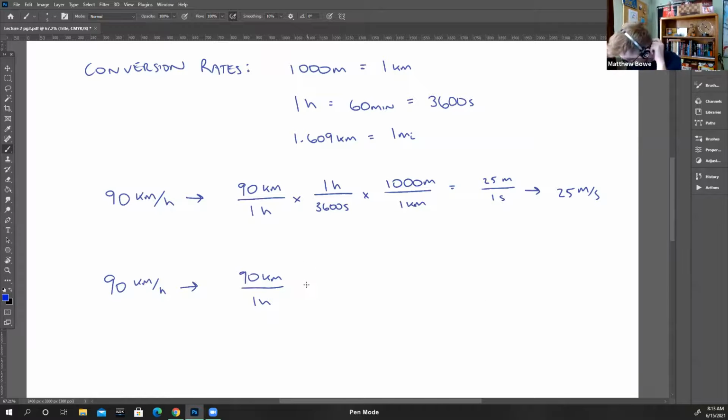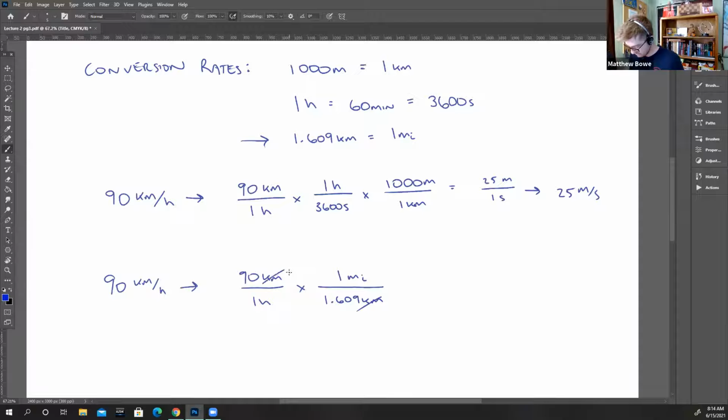So what I have to do is multiply it by this conversion rate. I want the kilometers to cancel with something, so I need the kilometer value on the bottom. Like this. And I'm using this conversion rate right here. Since I put the kilometer value on the bottom, I'm allowed to cancel the units.